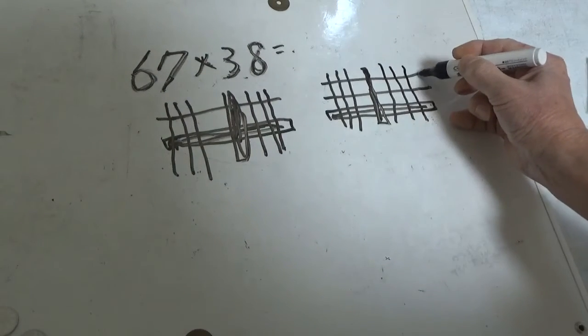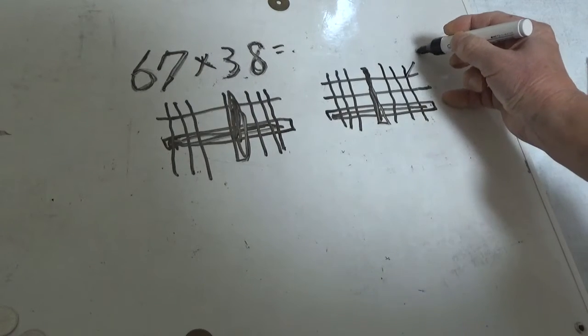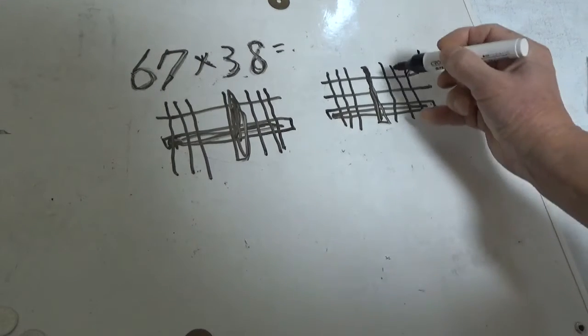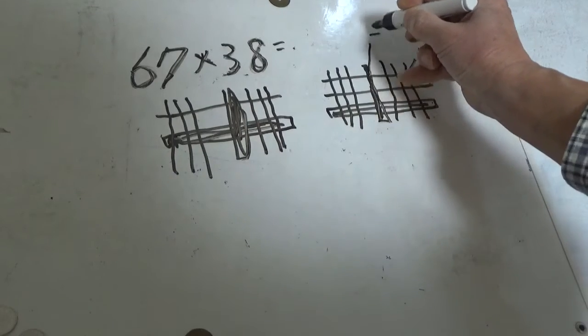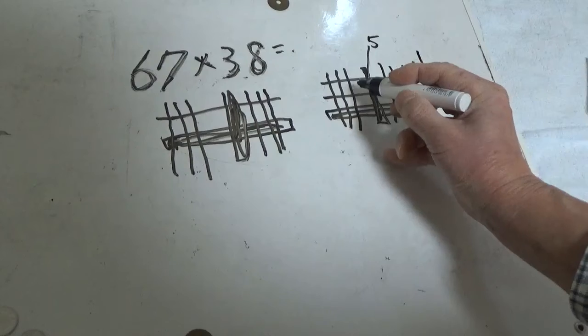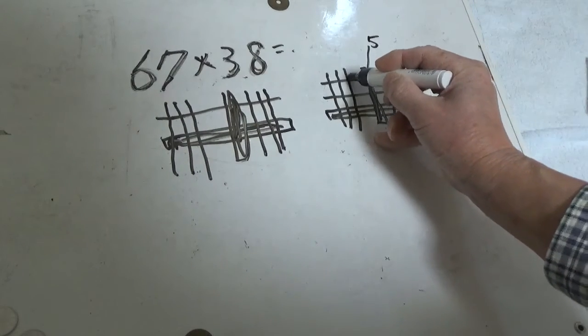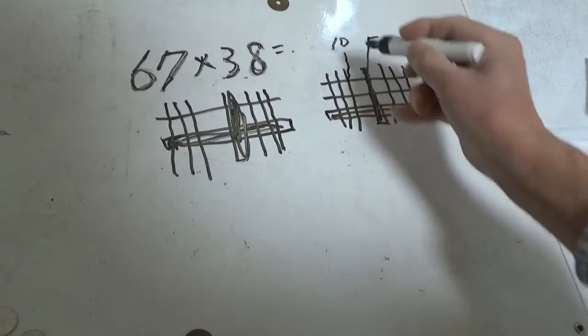This is a single line crossing with a single line, so this crossing point is 1. This is 5. And this is 10 lines crossing with a single line, so the number of points is 10.